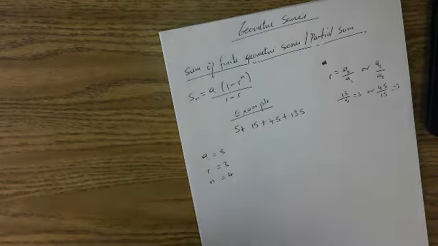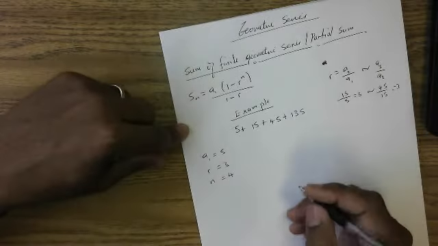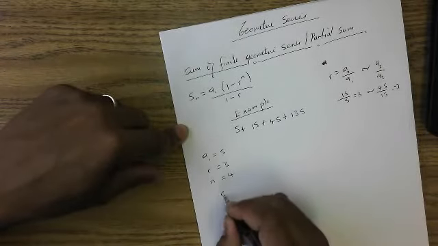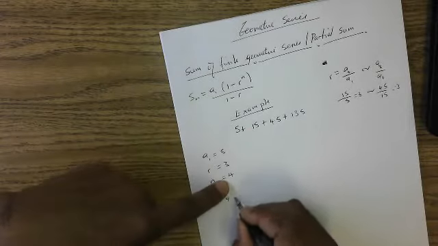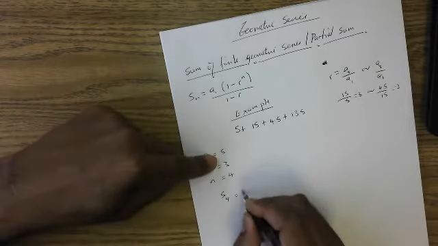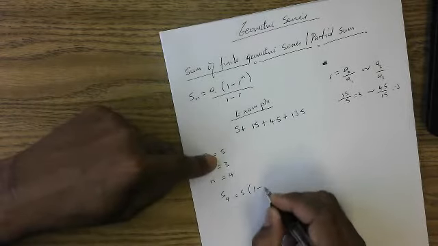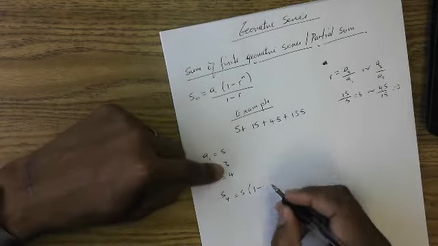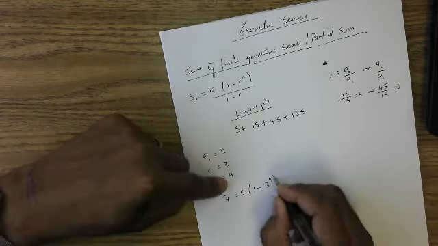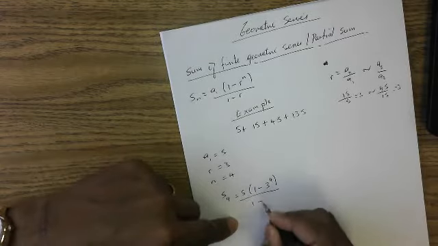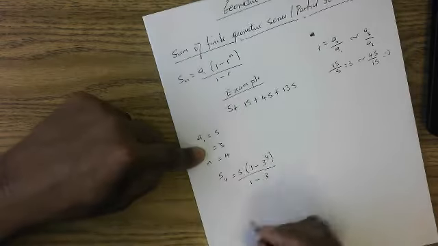Let's find the sum of this series. S sub 4 equals a sub 1, which is 5, times 1 minus r, and r is 3, raised to the n, which is 4, over 1 minus r, which is 3.